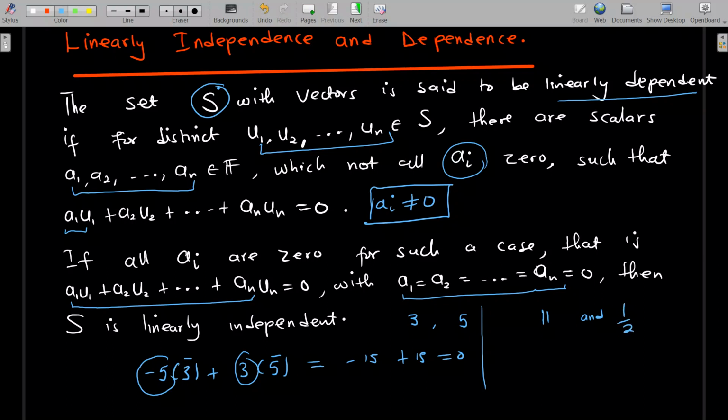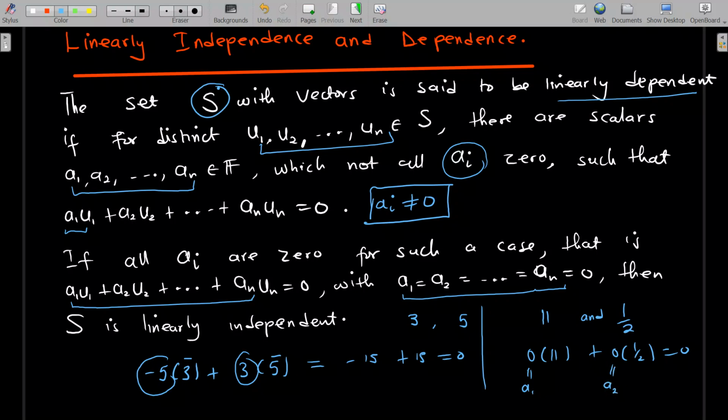Assuming there's no other number, the only way we can do this will be 0 times 11 plus 0 times one half, and this is going to give me 0. In this case, our a1 will be 0 and our a2 will be 0, and all of them are 0 before you can get 0.